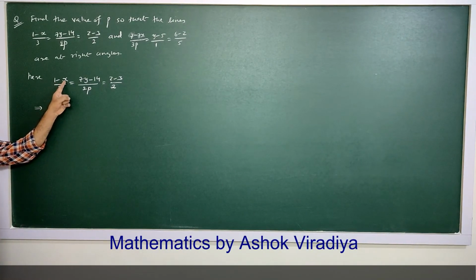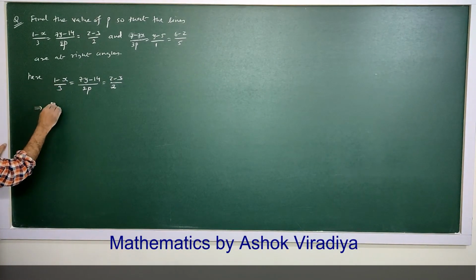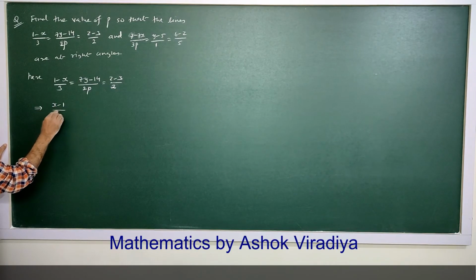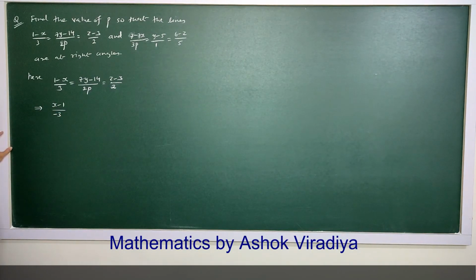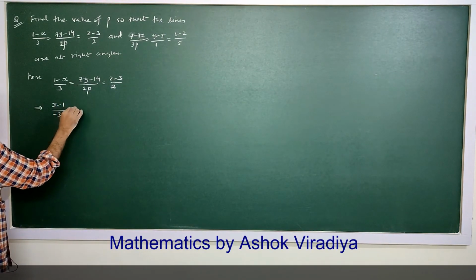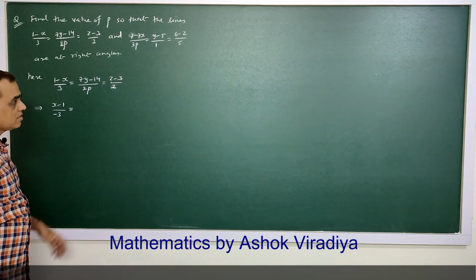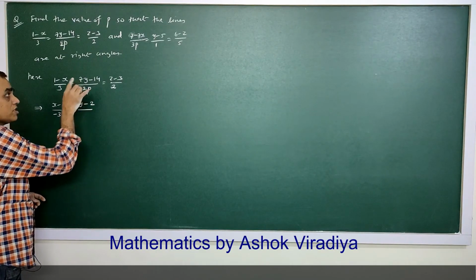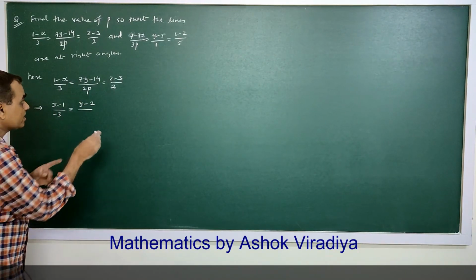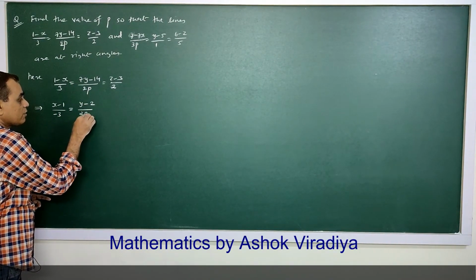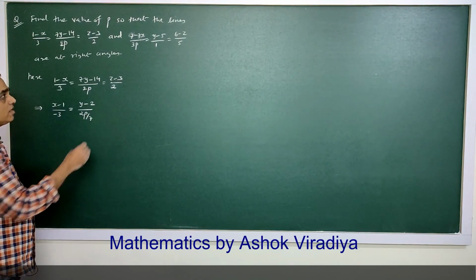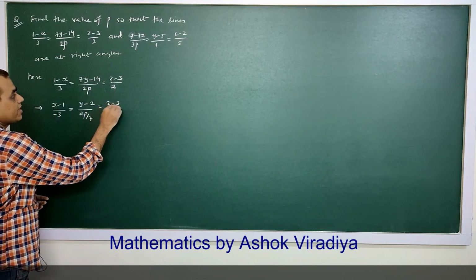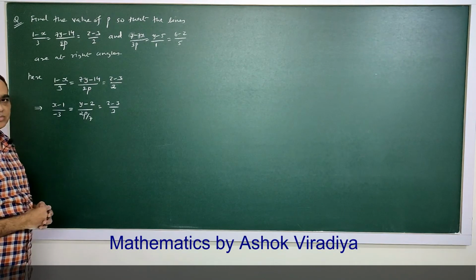Coefficient of x must be plus 1. So change sign here, x minus 1, so do change in denominator. Here 7 is not required, so divide by 7. So y minus 2. Because numerator is divided by 7, divide denominator by 7. Equal to z minus 3 by 2.